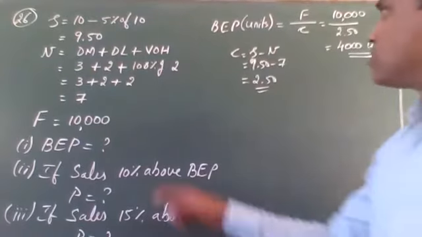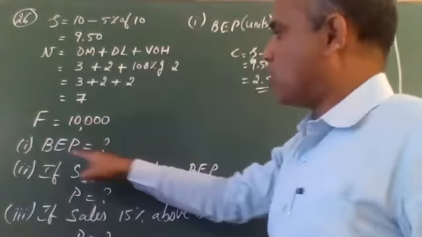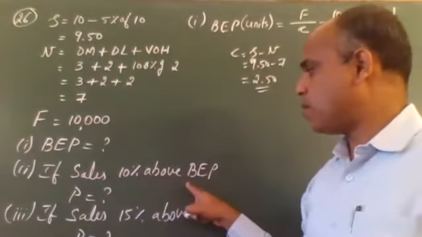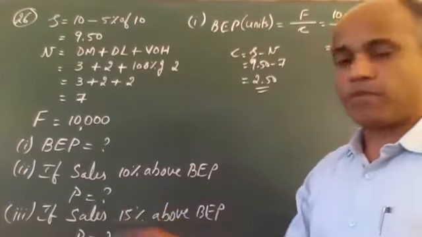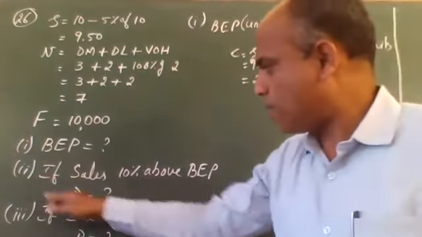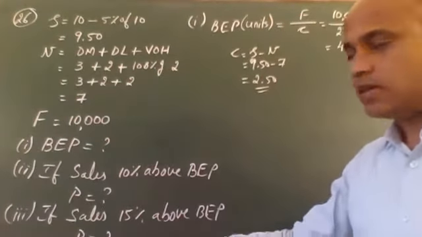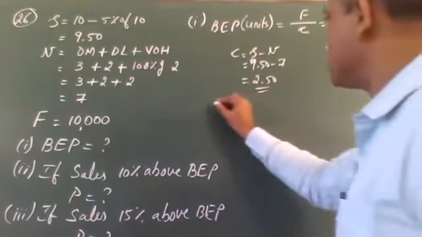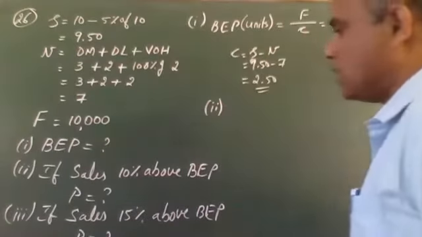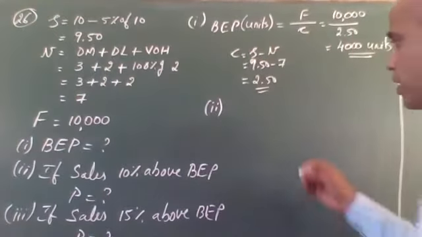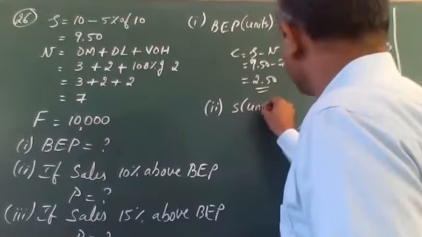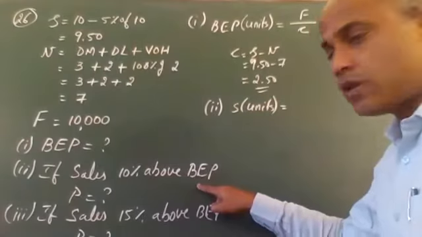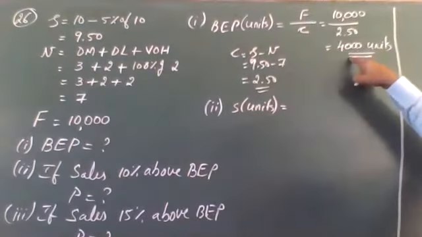Now, moving on to the second question. The second question is asking, if sales are 10% above the break-even point, what would be the profit? I'll do this one part because it is again the same thing. Instead of 10%, you put 15% and solve it, guys. So if sales units are 10% above break-even point, what is break-even point units we got? 4,000.